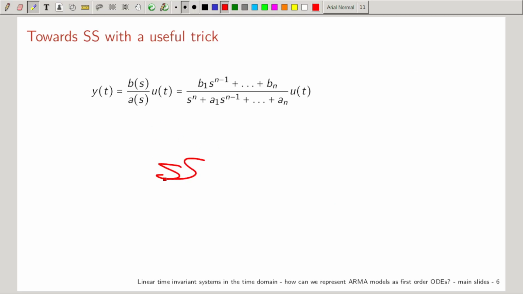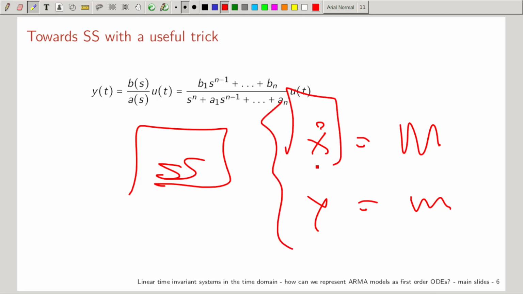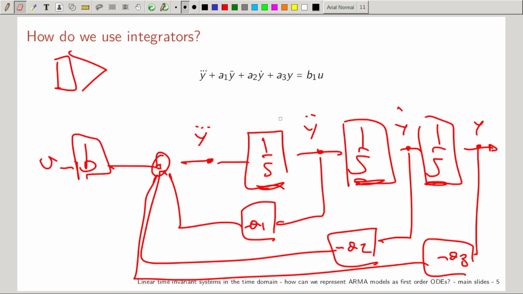Now, we want to write stuff in state space, true? It means x dot is equal to stuff, y is equal to stuff, and this has to be a vector of states. It's a bit confusing, but I hope that you see it from a graphical perspective.